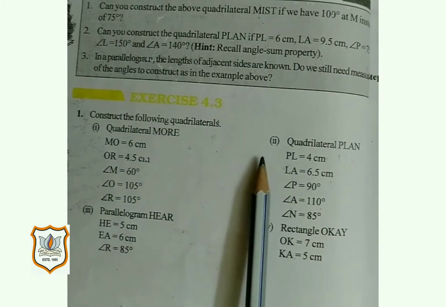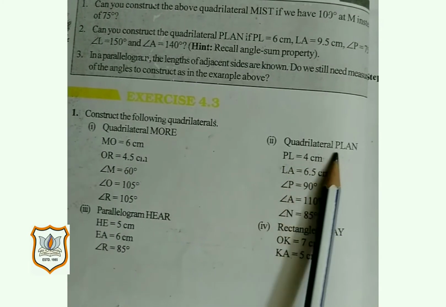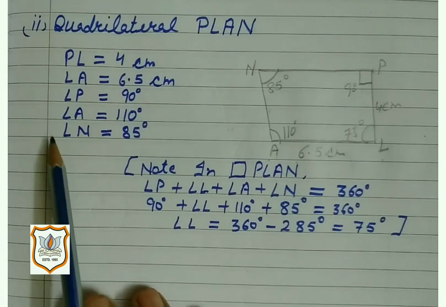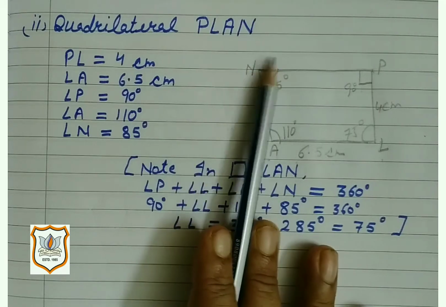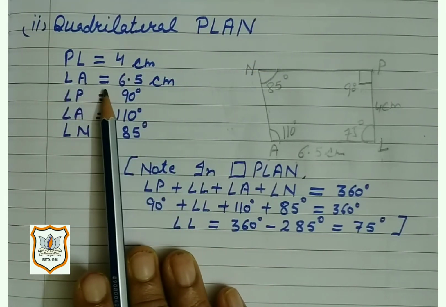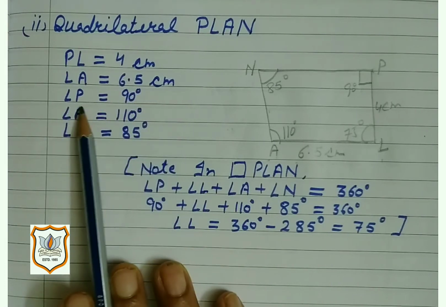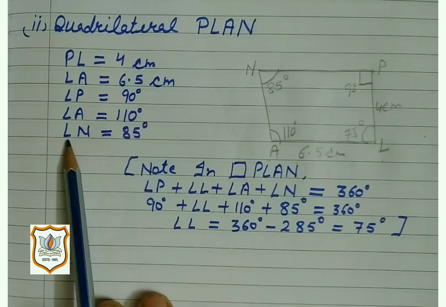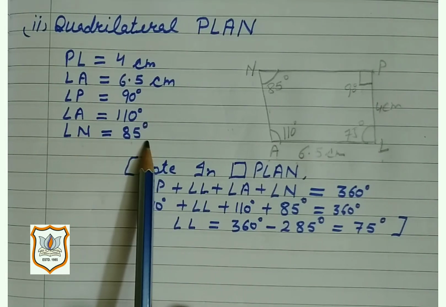Now we will take the second part, quadrilateral PLAN. Let's construct quadrilateral PLAN, where PL is equal to 4 centimeters, LA is equal to 6.5 centimeters, angle P is equal to 90 degrees, angle A is equal to 110 degrees, and angle N is equal to 85 degrees.